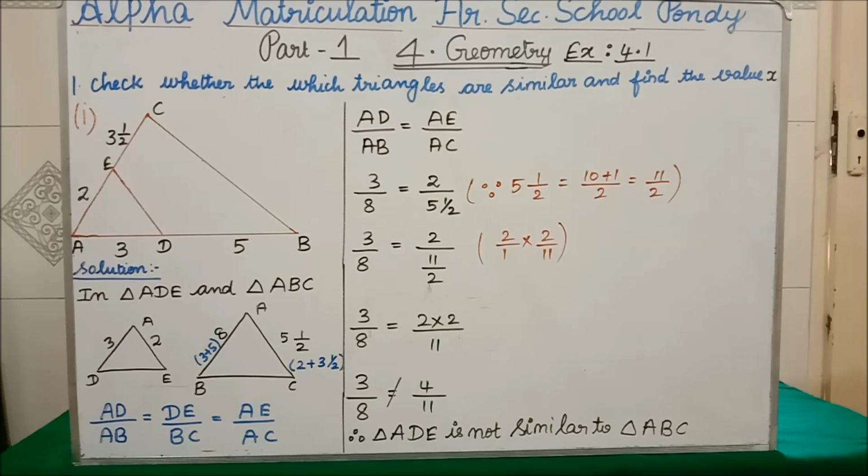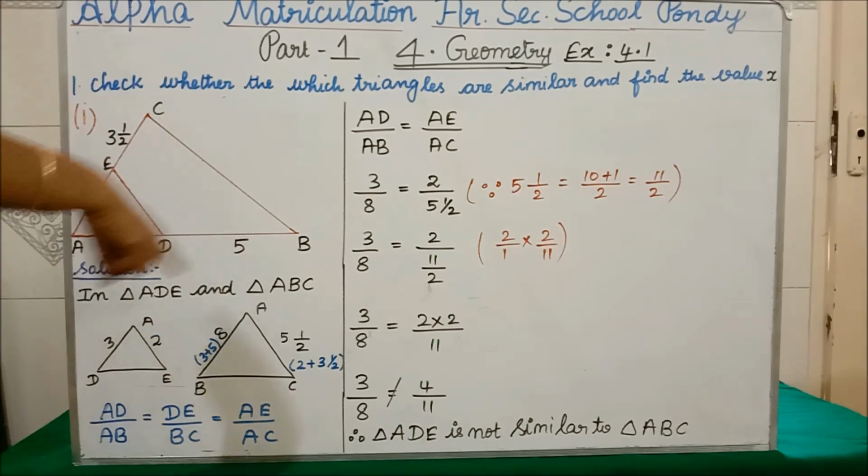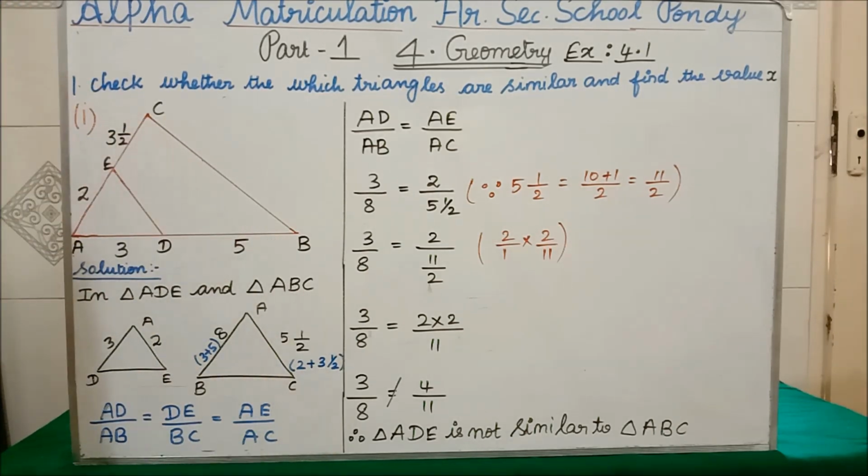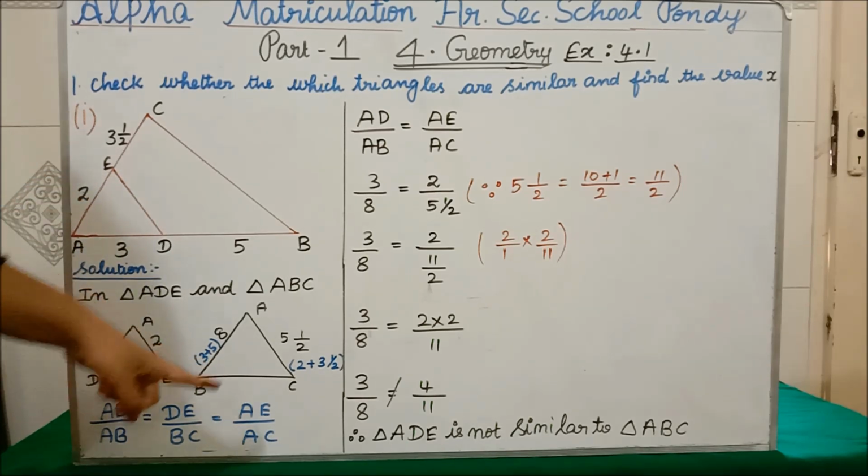The first triangle is triangle ADE, and the second triangle is this full triangle ABC. Similar means we need two triangles, isn't it? So from the given diagram we are drawing two triangles.